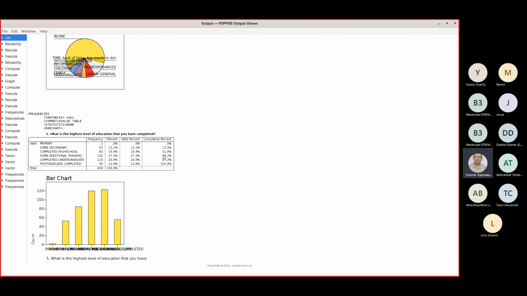So we can say here that 59% have some additional training or less than some additional training. And here we could see this bar chart with different educational categories and the number of persons in each category.